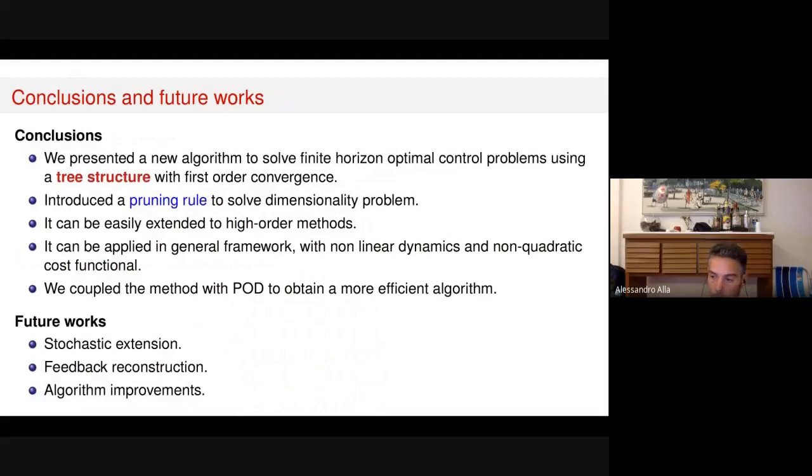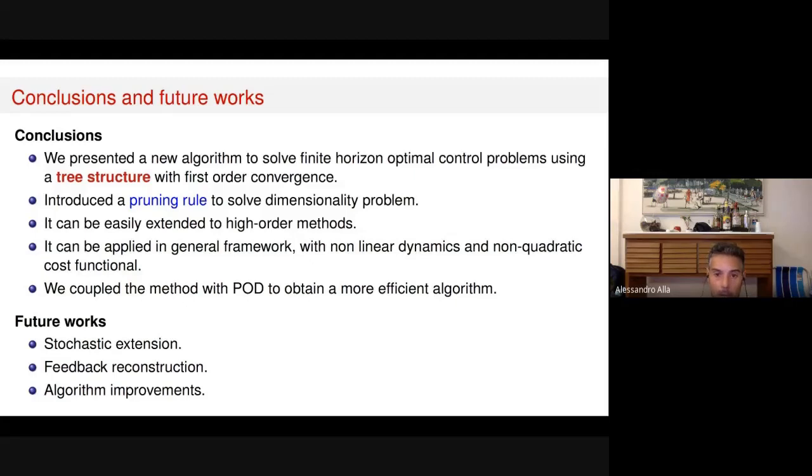So to conclude, the presentation today was about tree structure for approximation of finite horizon optimal control. Very important was the pruning in order to solve the problem. Without going into many details, I also mentioned that we were able to do high order methods.